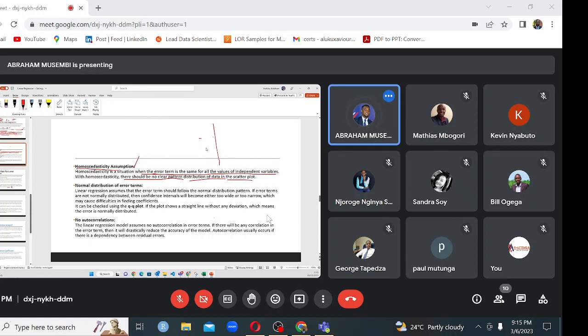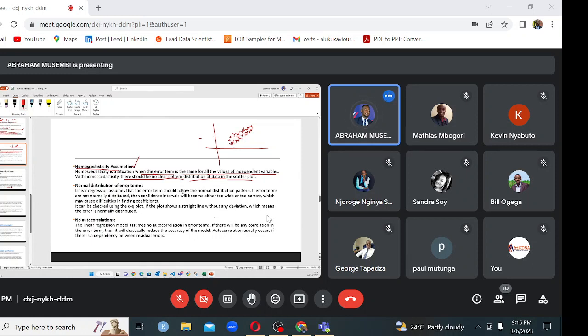For example, we should not have the data trying to have a specific pattern. Like this, you can see we have a specific pattern within our data.